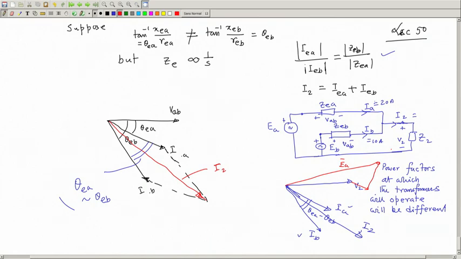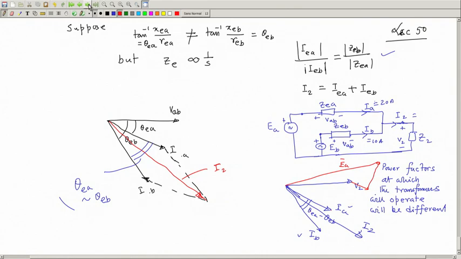Got the point? Therefore, we find that since the vector sum of I_A and I_B will be less than the sum of these two currents when they are cophasal, therefore, the KVA handled will be slightly less.